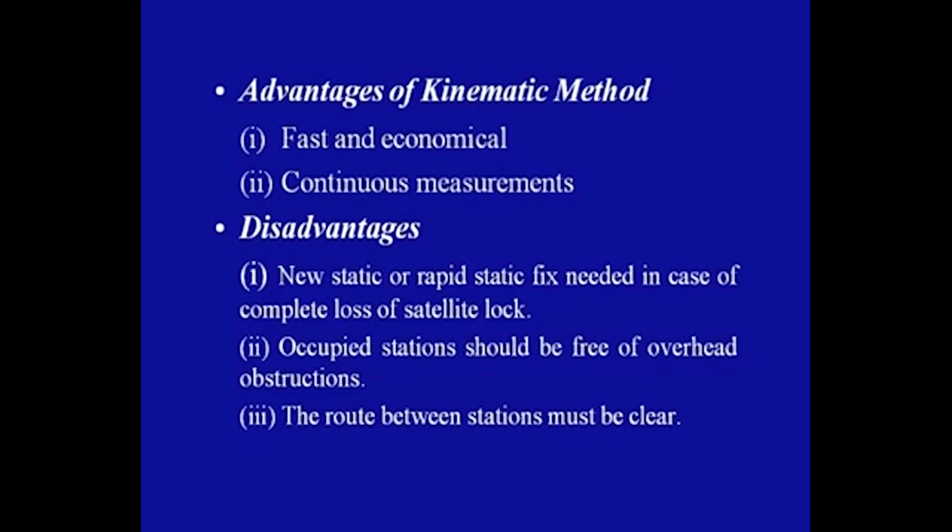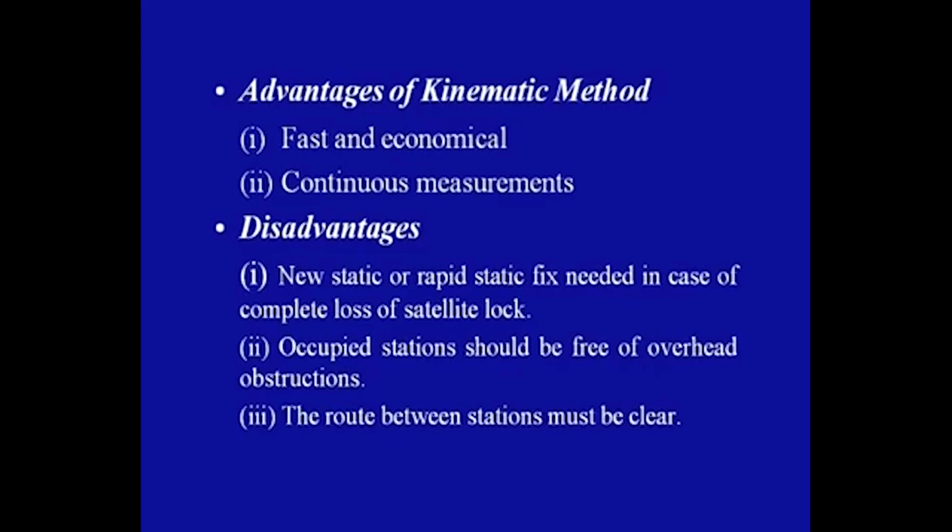The occupied station should be free of overhead obstructions, that is, there should be no tree or building close by, and no electric wire should pass. The route between the stations must also be clear, that is, there should be a clear link between the reference and the rover receivers in the area.